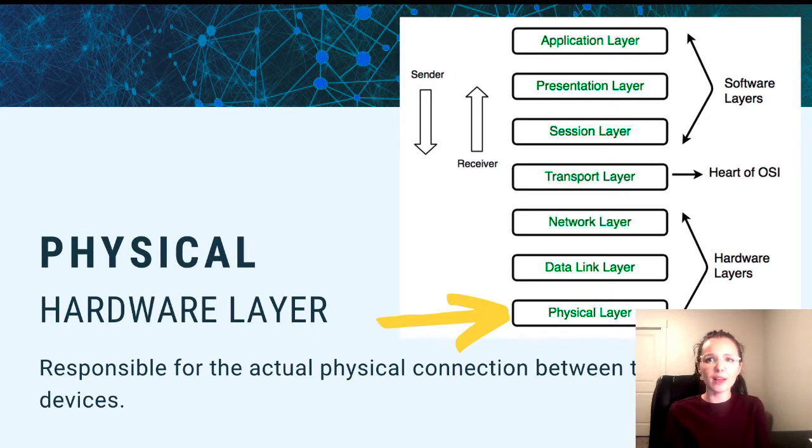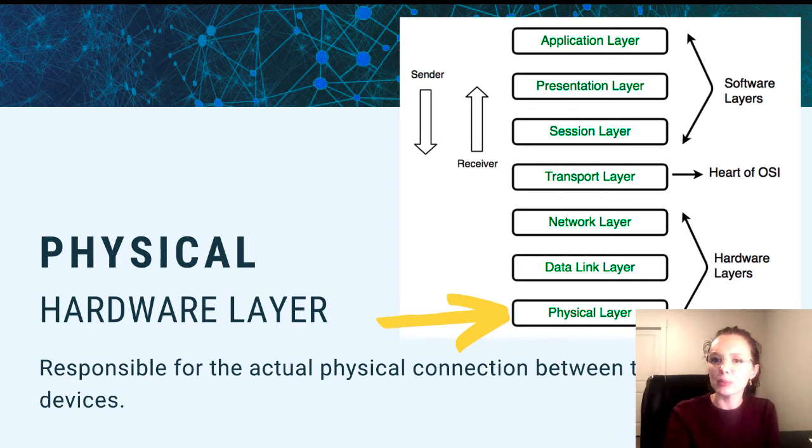Finally, we have arrived at the seventh and final layer of the OSI model. Remember, OSI stands for Open Systems Interconnect. Okay, the last layer here is the physical layer, and this layer includes the physical equipment involved in the data transfer, such as cables and switches. This is also the layer where the data gets converted into a bit stream, which is a string of zeros and ones.